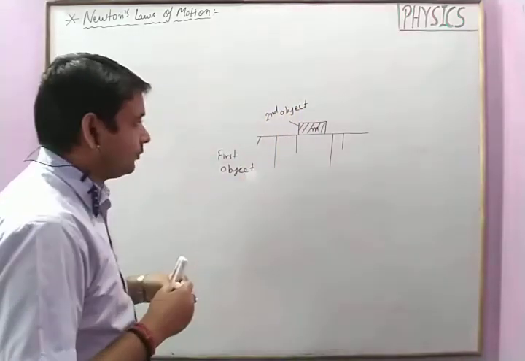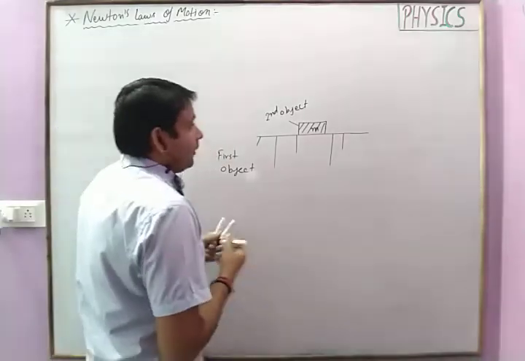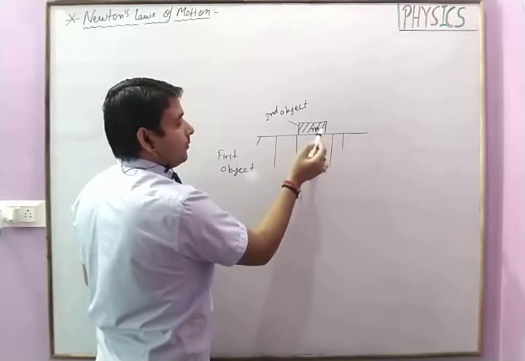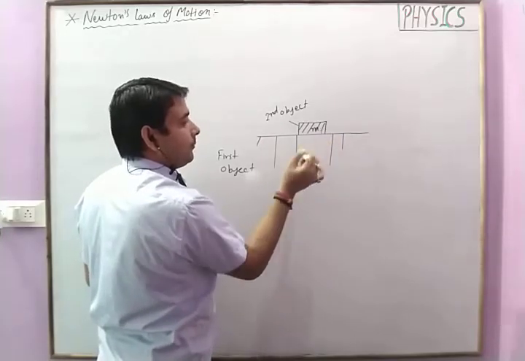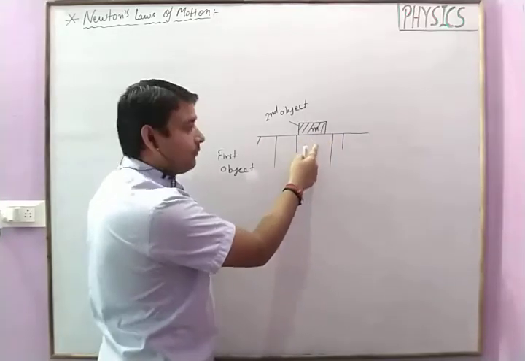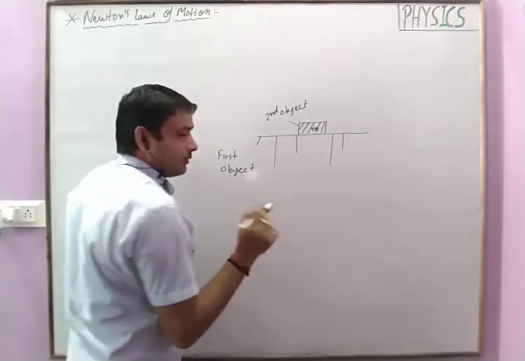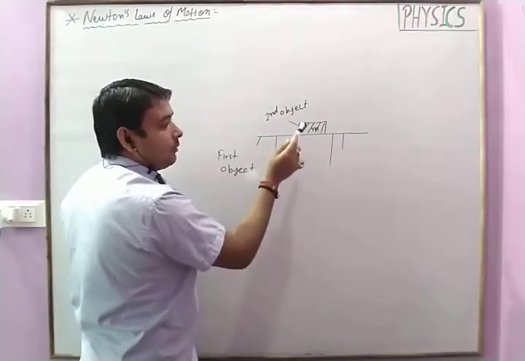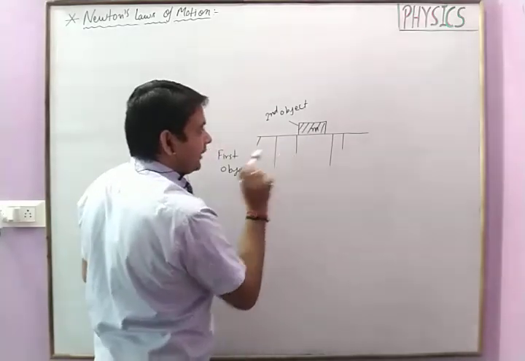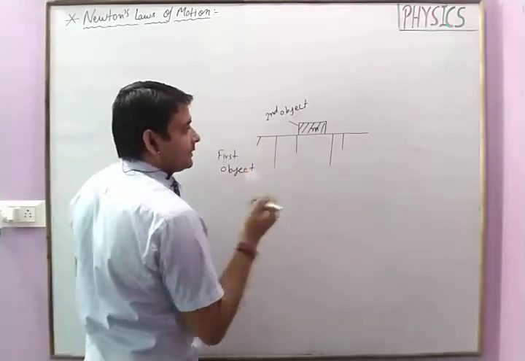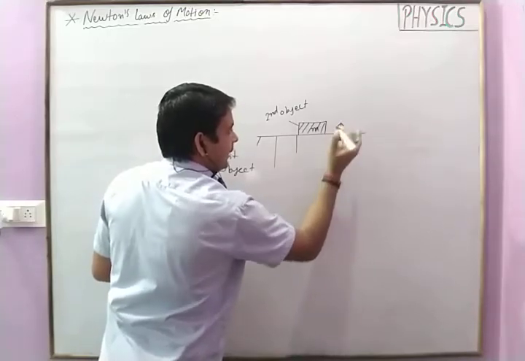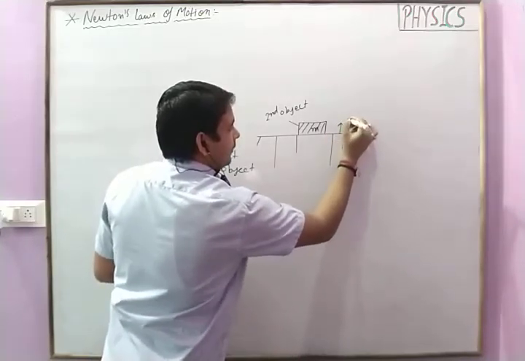When the body of mass m is placed over the surface of the table, then the table applies a force on the body placed over it, which is known as the action force, applied by the table.